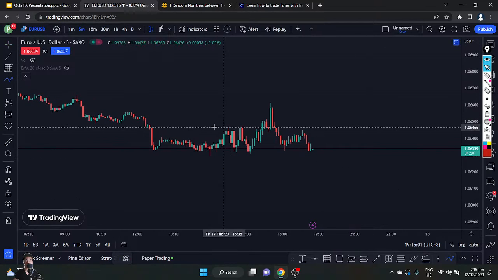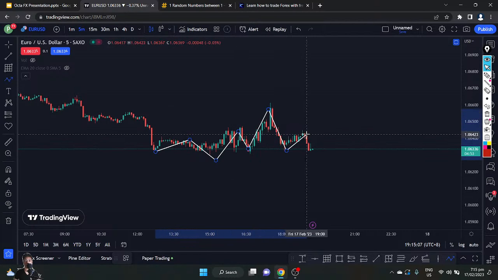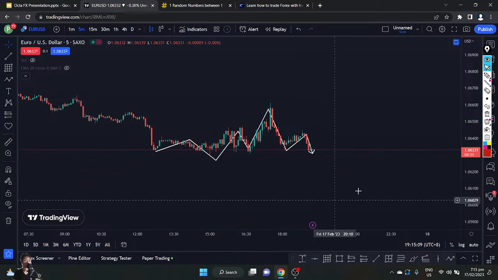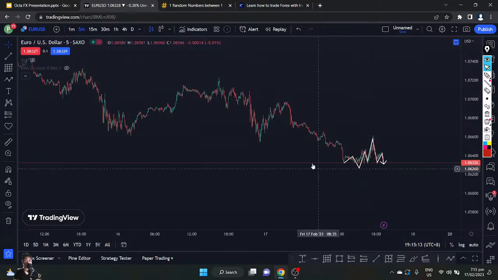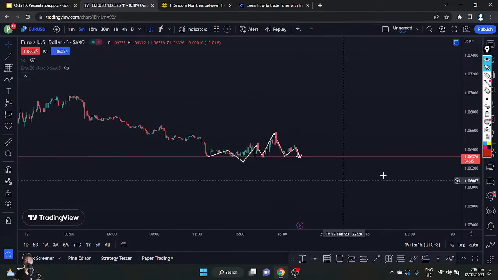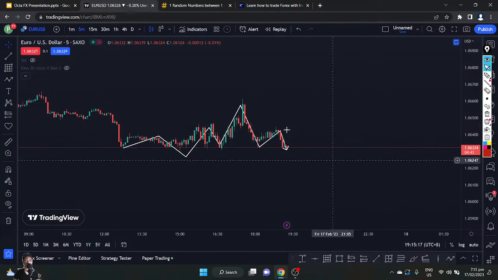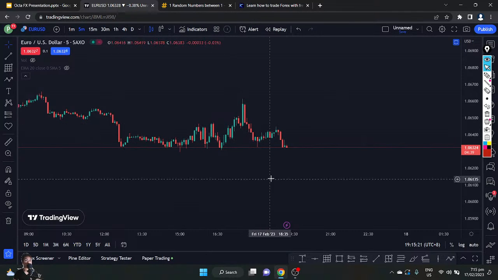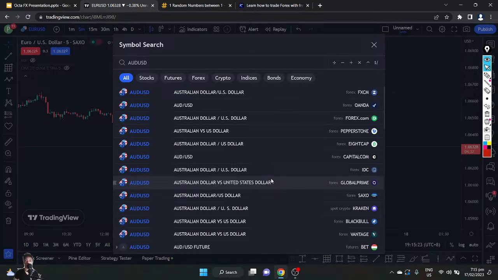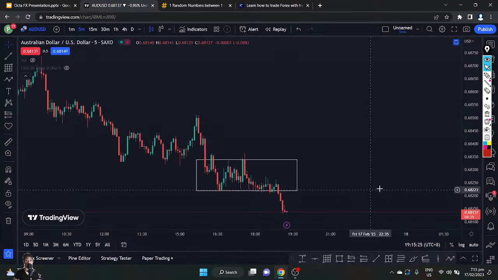As we can see, the price broke this previous high, then it went back down, and in this case, we are just moving sideways. We are still on a downtrend, right? But the price isn't doing a good structure level, unlike what we have here from the Aussie dollar, right?